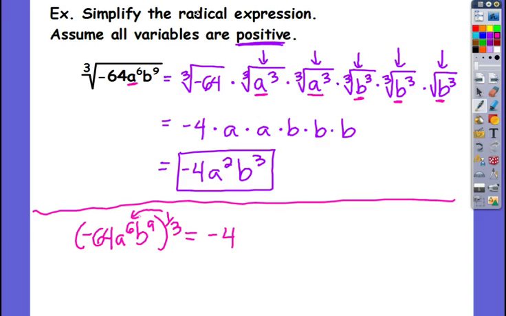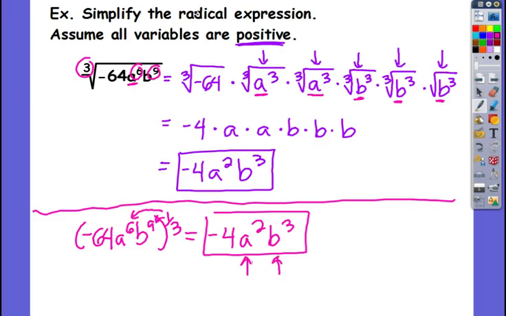So 6 times a third is 2. And then b to the 9th to the 1/3 power, you'd multiply your exponents, b cubed. So 3 divides into 6 twice, 3 divides into 9 3 times. So negative 4a squared b cubed.